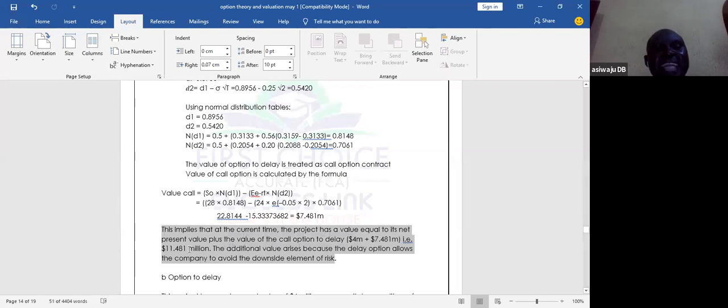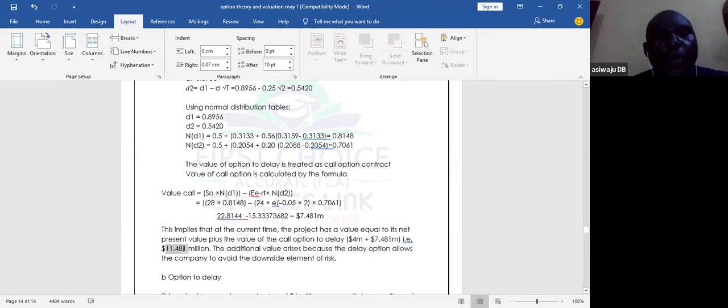If you delay this project for 2 years, your net worth is 11.48 million. But if you commence the project immediately, you are going to get a net value of 4 million.